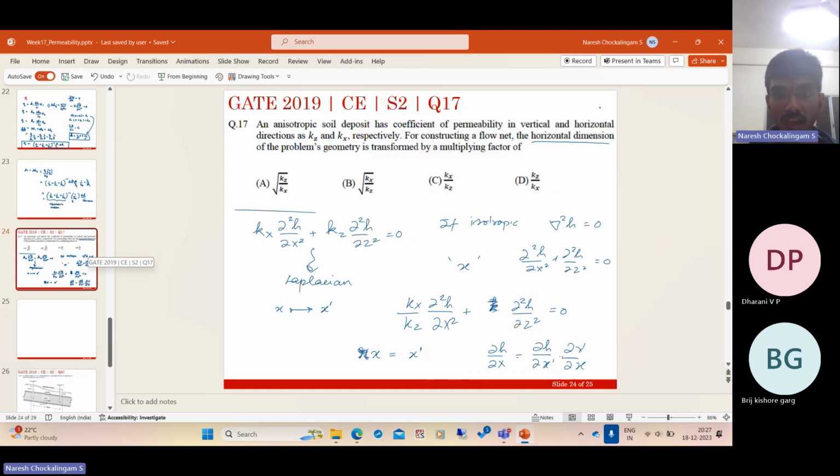Therefore, for constructing a flow net, you make the transformation x' equal to x times the square root of kz by kx. So the horizontal dimension of the problem's geometry is multiplied by the square root of kz by kx. If they say it is divided by something, if it is a quotient, it is the inverse. So you need to be careful.